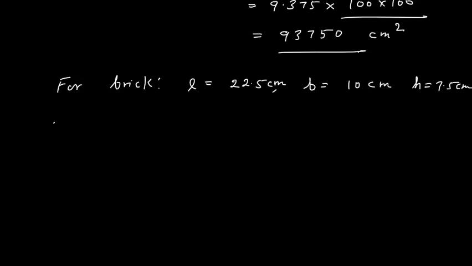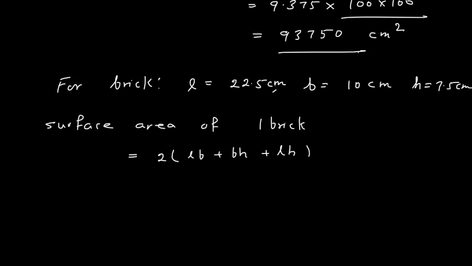So here, surface area of one brick. Surface area of one brick is 2 into (LB plus BH plus LH). This is the formula.